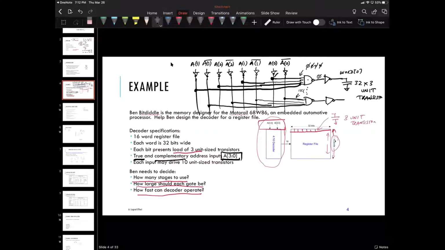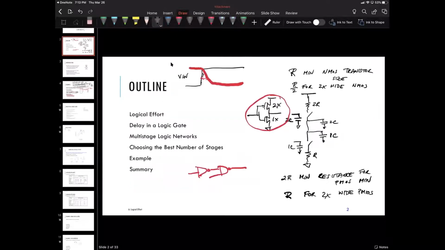We've got to size that a certain way, and size this NAND gate and the inverter to be as fast as possible to drive this 32 by 3 unit transistor size. So it's a complicated scenario. This is basically telling us how to get timing for a single stage.